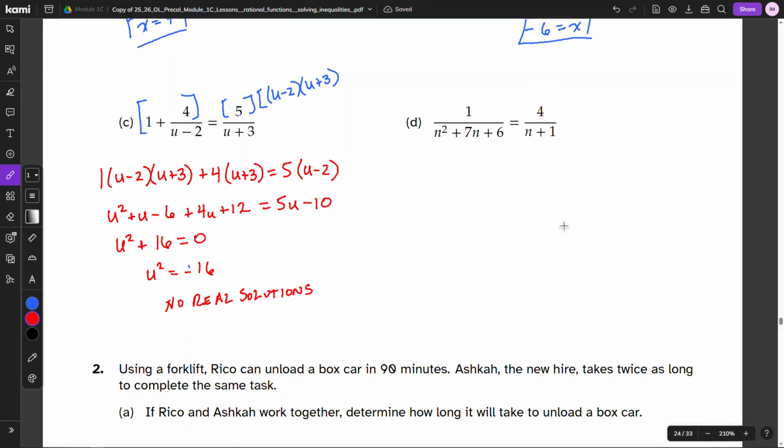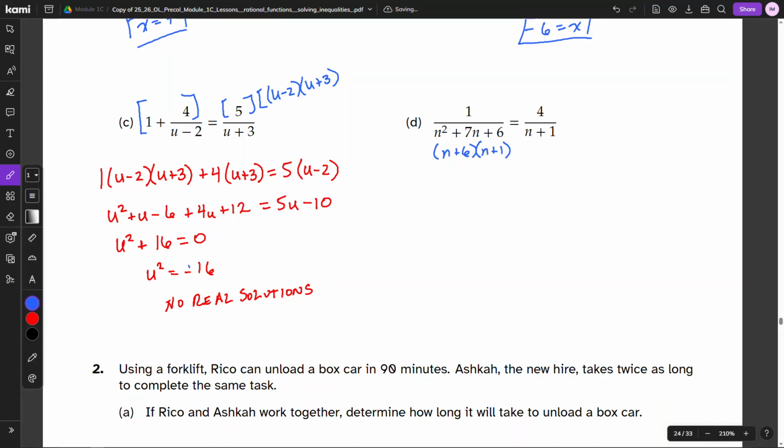Okay, now what about for the next one? We have 1 over n squared plus 7n plus 6 equaling 4 over n plus 1. If we look to factor our denominator, we have n plus 6, n plus 1.